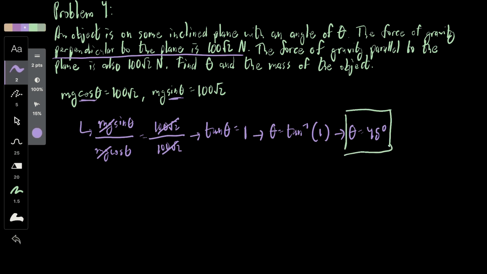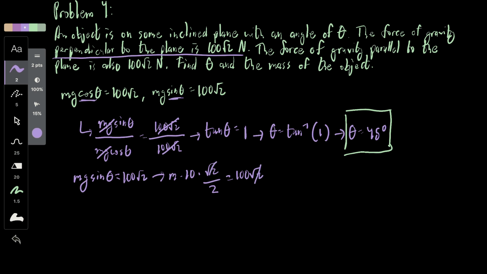Our next answer revolves around finding the mass. Now, let's plug theta equal to 45 degrees into any one of these equations. Let's do mg sine theta. So, if mg sine theta is equal to 100 times the square root of 2, that means m times 10, which is g, times the square root of 2 divided by 2, which is sine of 45, is equal to 100 times the square root of 2.